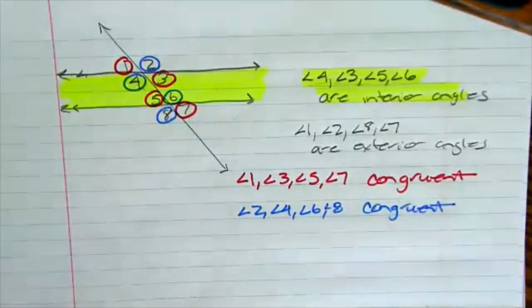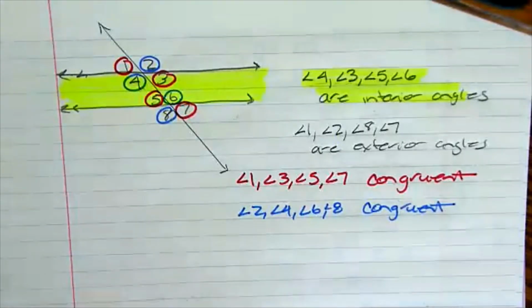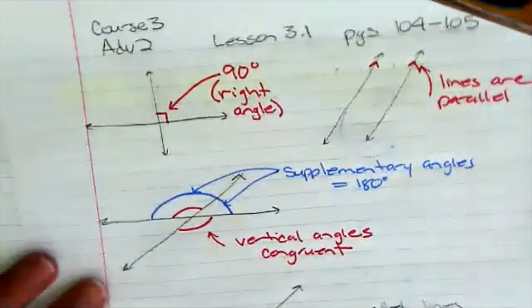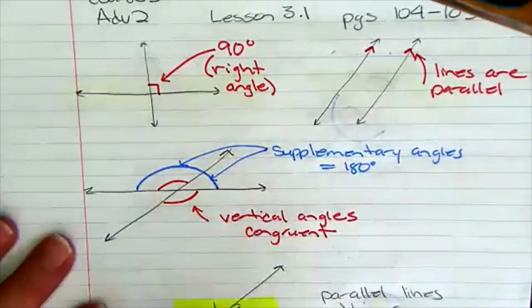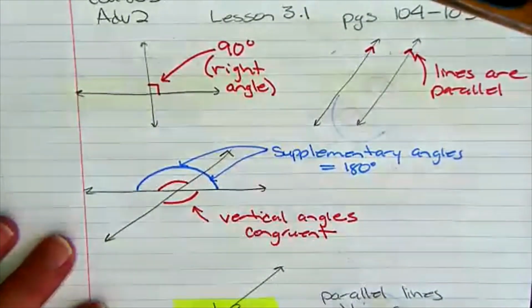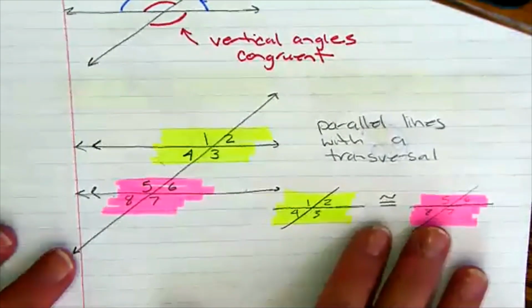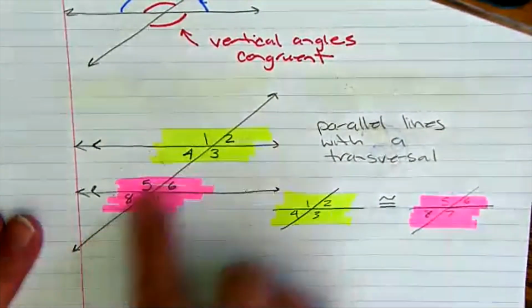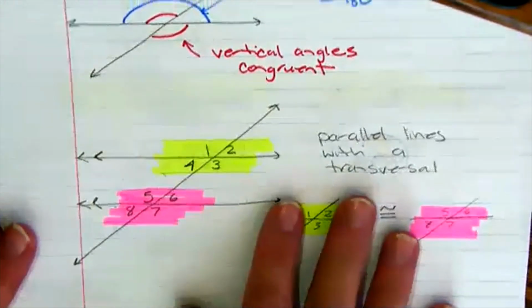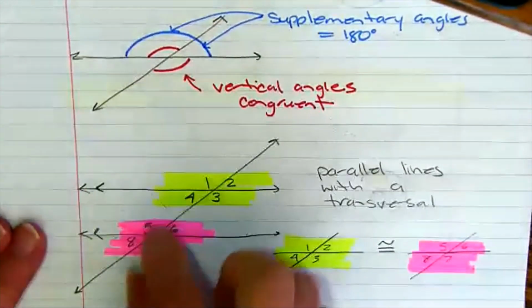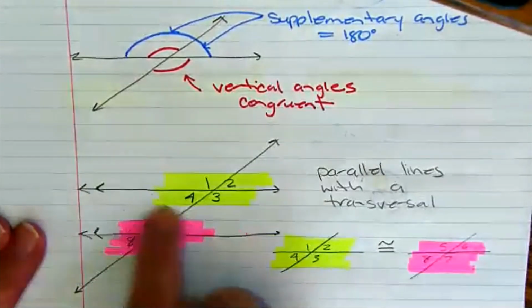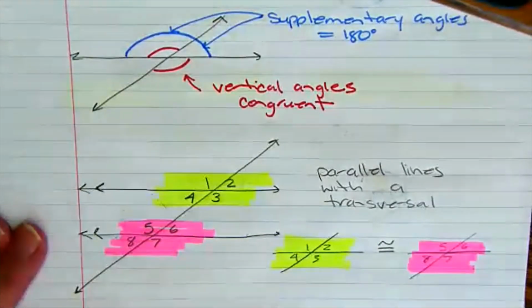Okay, so that's what we're doing today. We are taking what we've done for the past couple of days. We've been working with vertical angles and supplementary angles, and we are now applying it to parallel lines with the transversal. So we're just taking this right here and duplicating it so that we have a congruent figure.